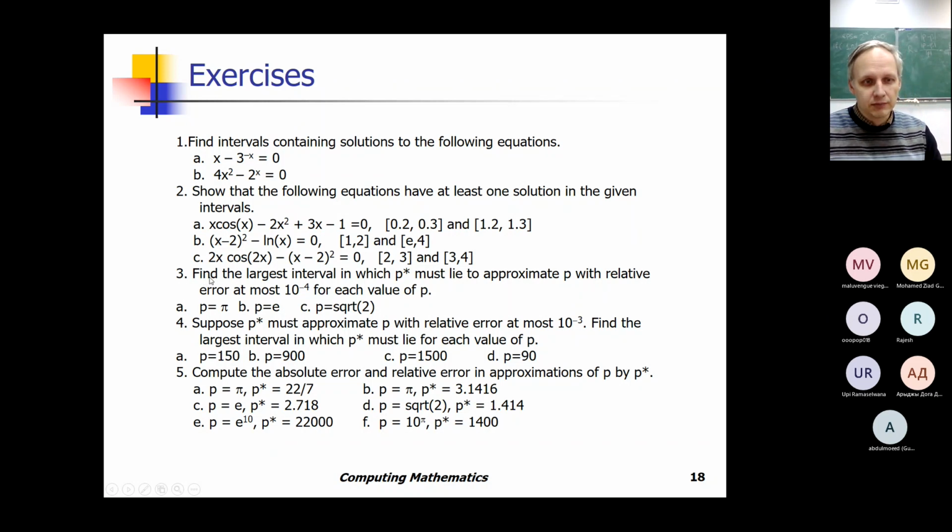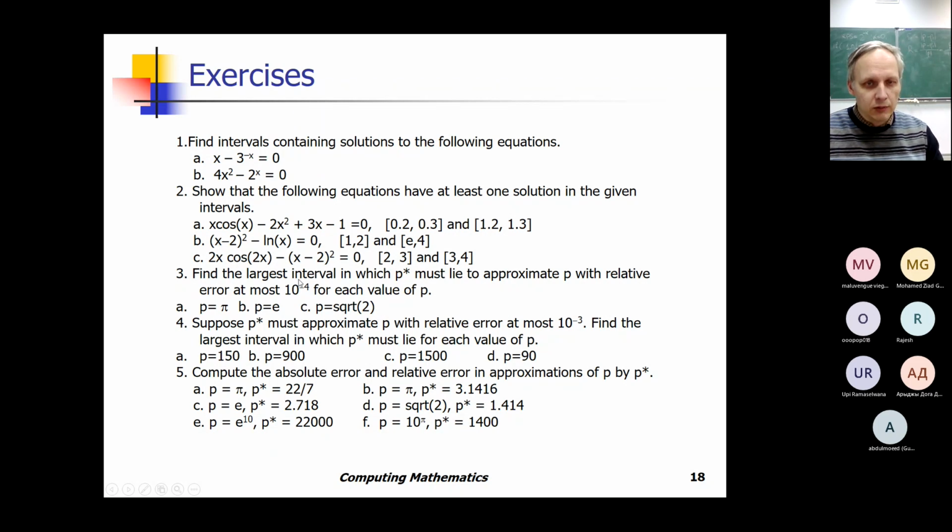For example, exercise 5 under the letters A, B, and C. Exercise 4, letter A. Exercise 3, letter A. Not all, because these exercises are more or less the same.